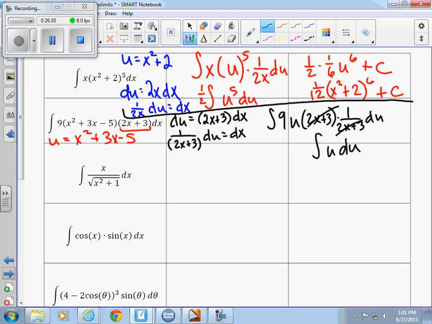What is the integral of 9u? It's u squared over 2, so 9 over 2 u squared plus c. What was u? X squared plus 3x minus 5.